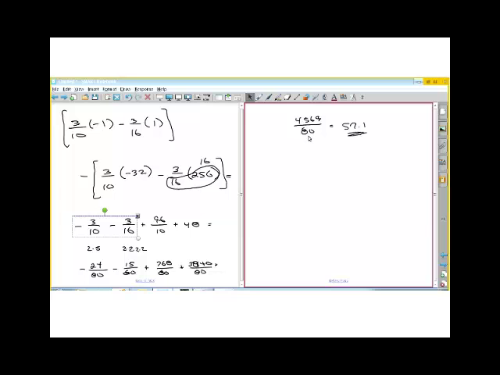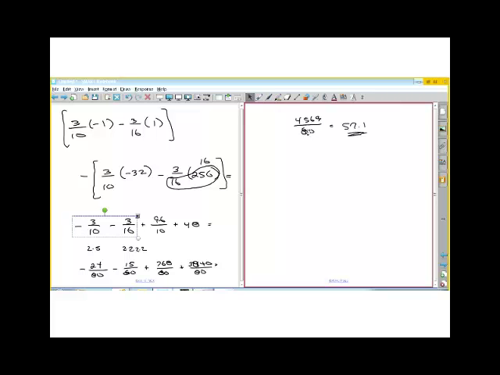I get to here and I say, okay, I can simplify if I want to, because I had estimated as a decimal, so I wanted to get a decimal result. You could just leave it as this if you wanted to. I don't believe there's any common factor. This thing could be divisible by 3, but that's not.